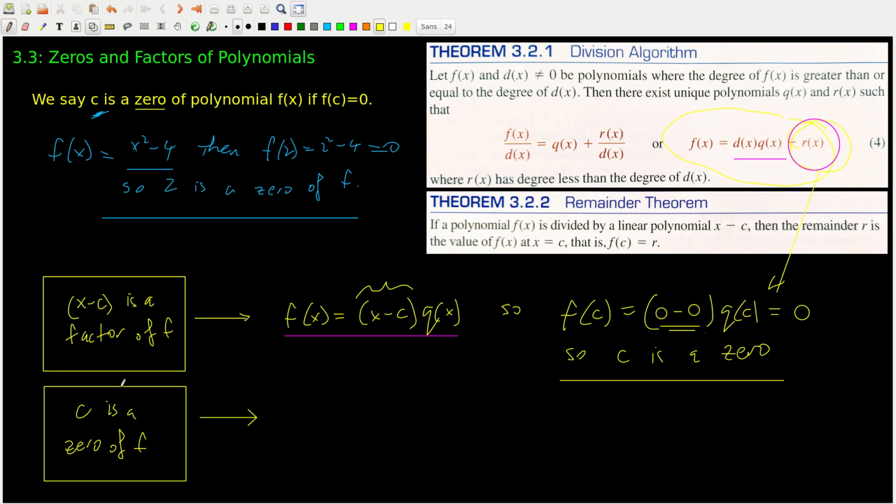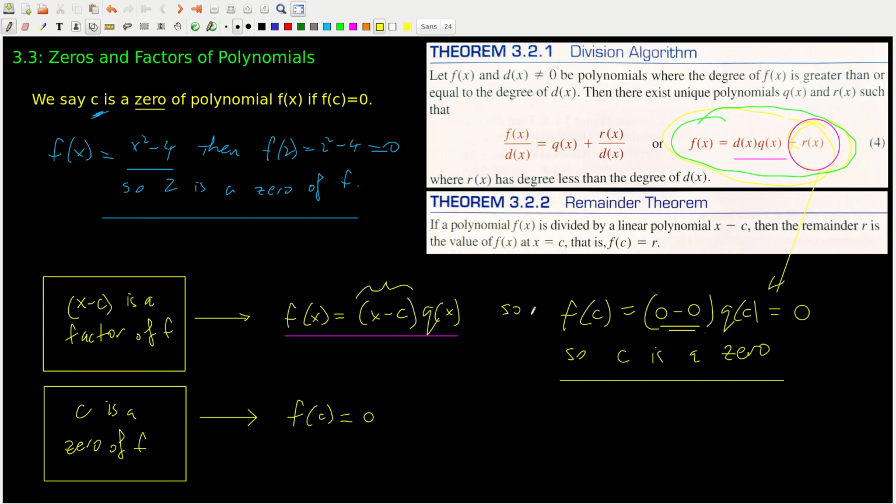Turning that idea around, if c is a 0 of f, then going back up to this idea up here again, the division algorithm says that this expression is unique. So if I tell you that c is a 0 of the function, then I'm telling you that f of c is equal to 0.